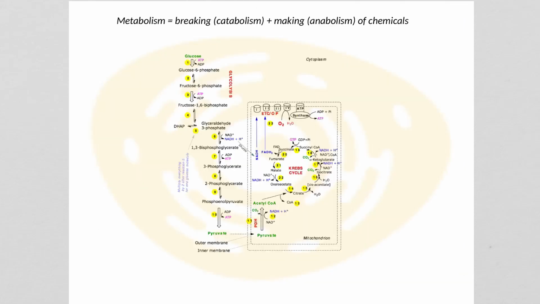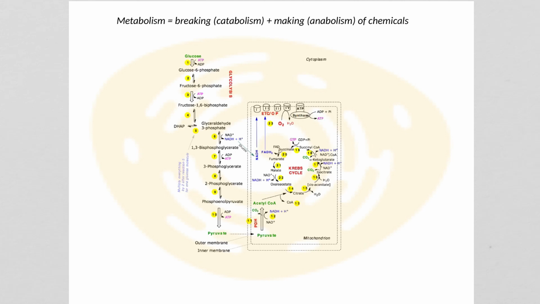Most of these metabolic reactions are catalyzed by what we call enzymes. Enzymes are proteins that make biochemical reactions go faster. They increase the rate or the velocity of these reactions.